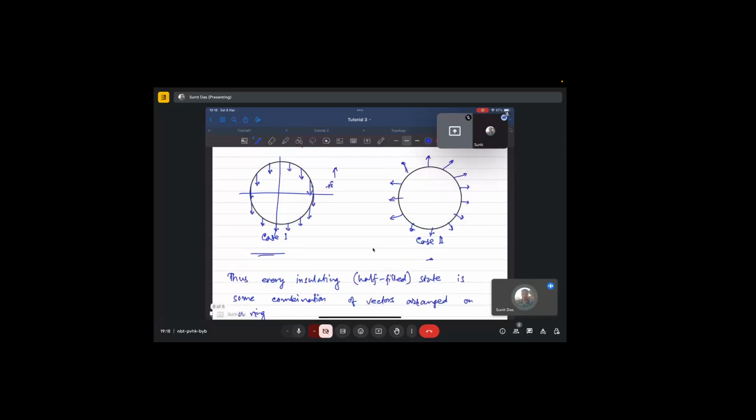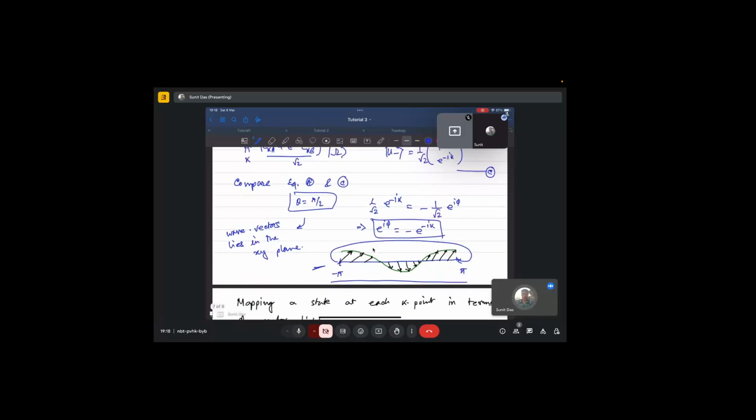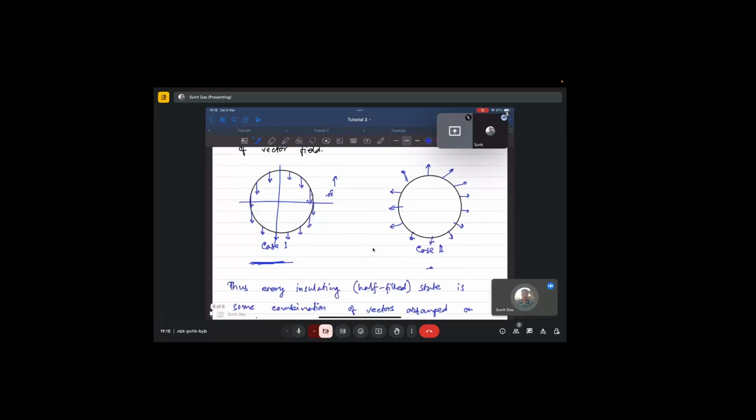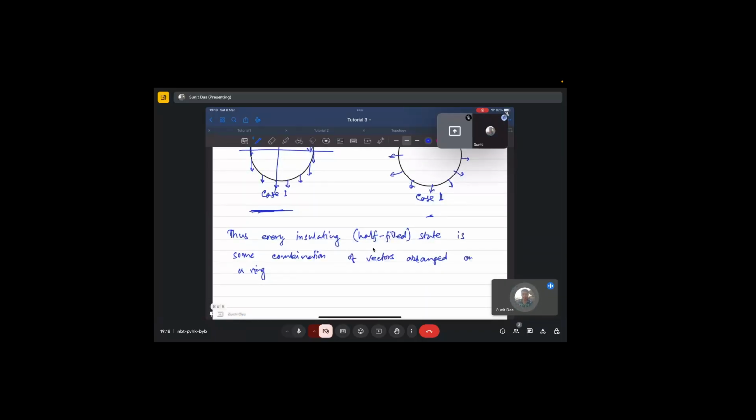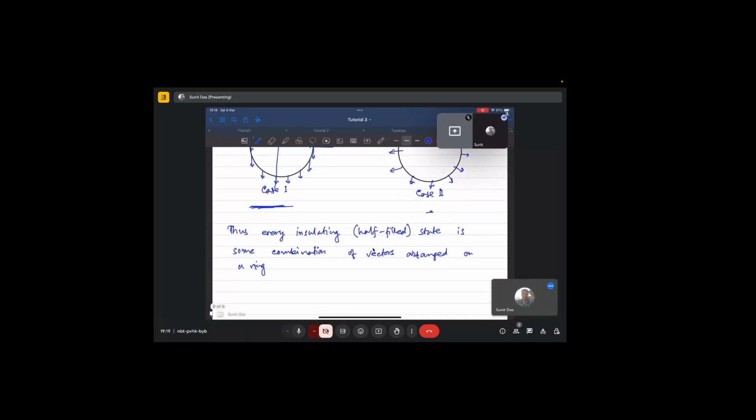In some cases you will have all anti-parallel to x, and in some cases it can orient in different directions, and if you draw it in a full circle it will be outward, or there can be other weird combinations also. You play with the hopping parameters and so on, and you can have something like this also. So, different cases are possible.